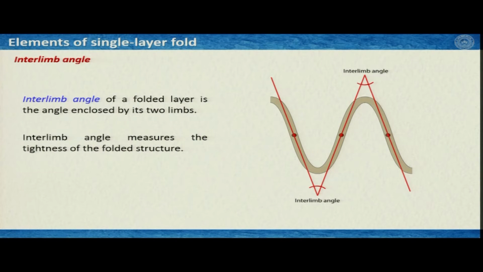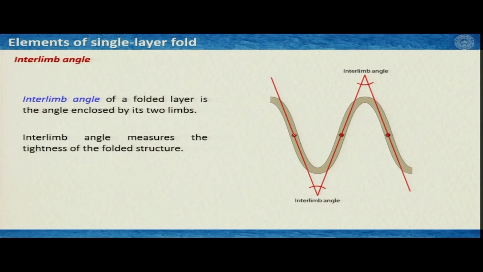Another very important term that we are going to learn now is interlimb angle. The interlimb angle of a folded layer is the angle enclosed by its 2 limbs. The way it is measured is that you first figure out 2 successive inflection points.